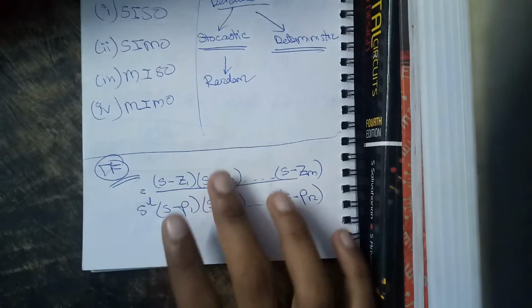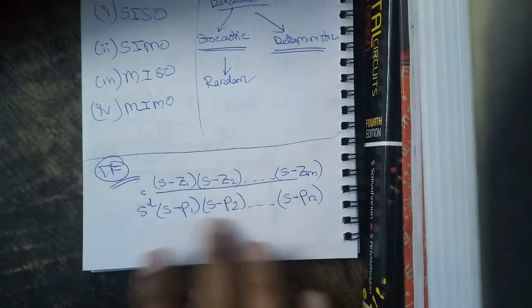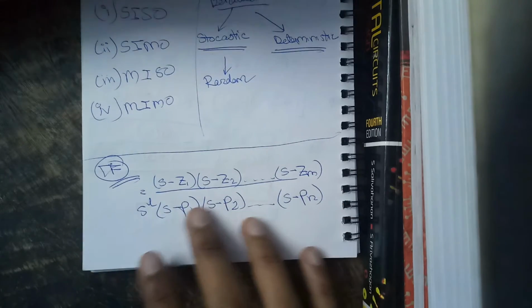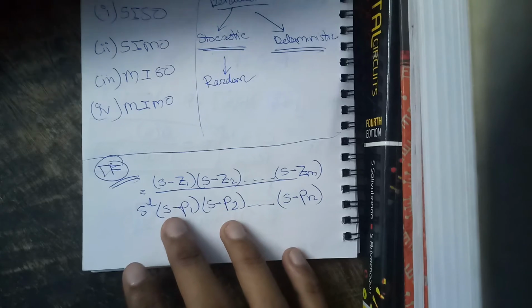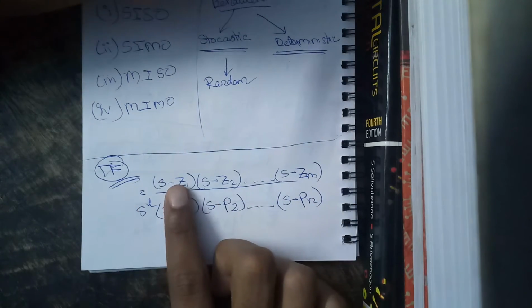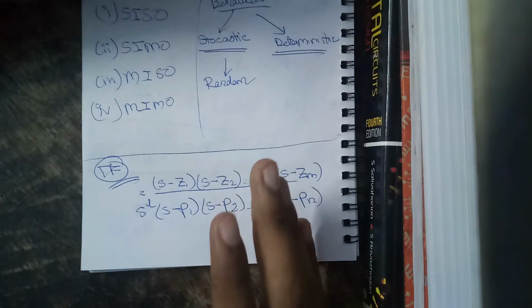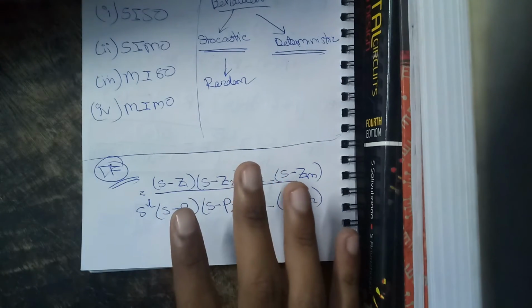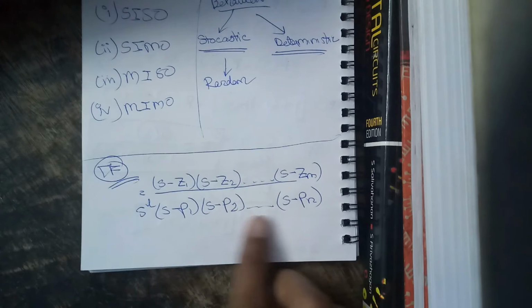Any transfer function has a numerator part and a denominator part, right? The values of s on the numerator are known as zeros. We'll talk about it with an example and it'll be clear. And the values of s in the denominator are known as poles.